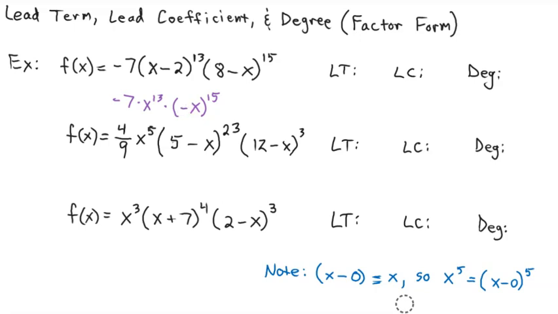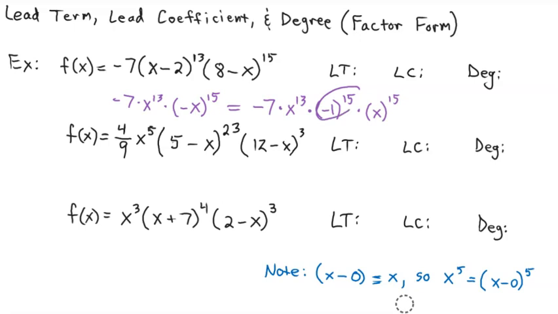And so we can actually separate this. We can rewrite this as negative 7 times x to the 13th power times negative 1 to the 15th power times x to the 15th power. So we took the negative 1 out of the x.